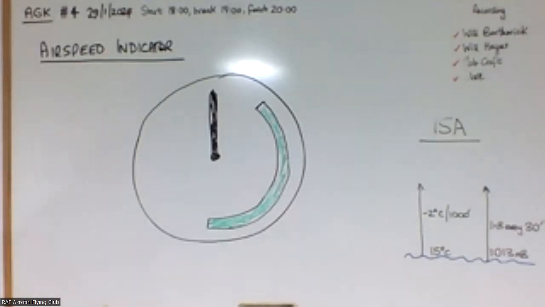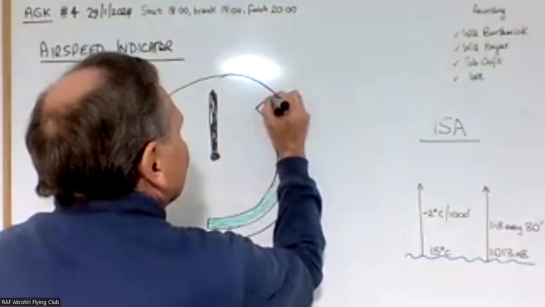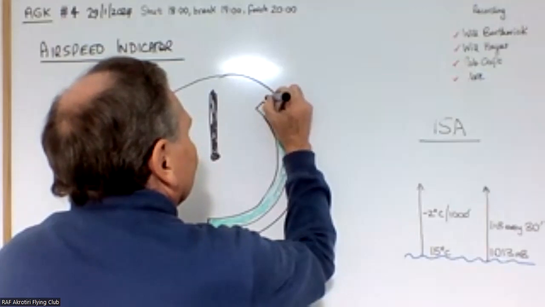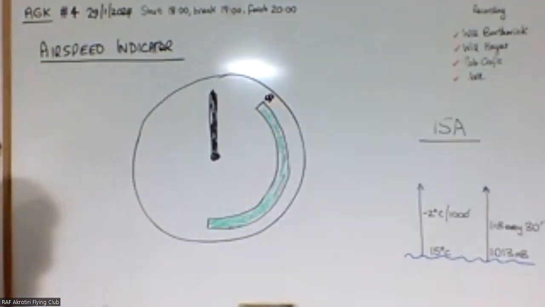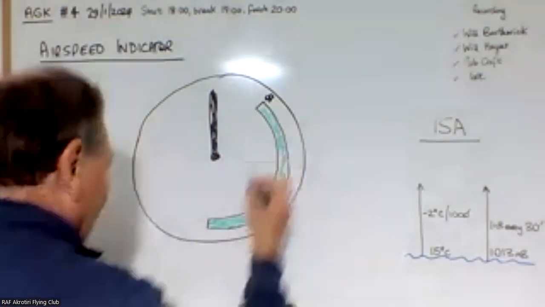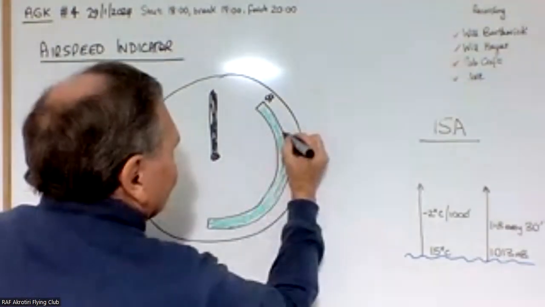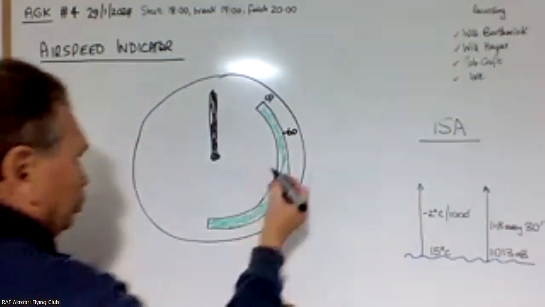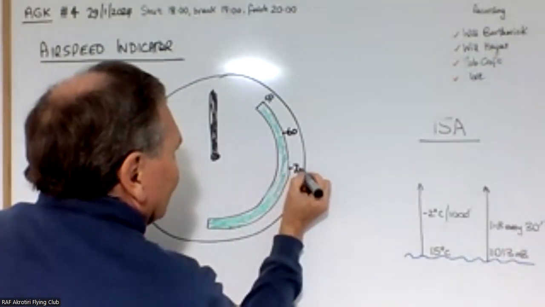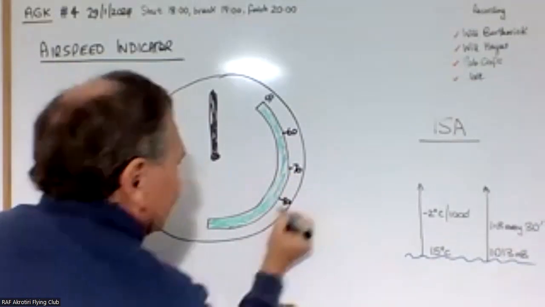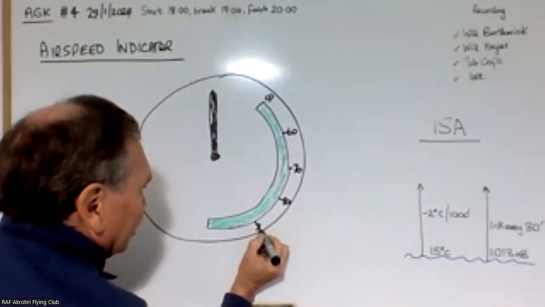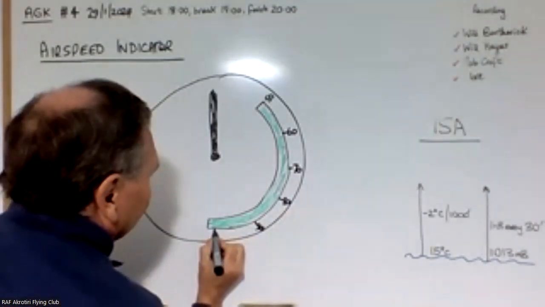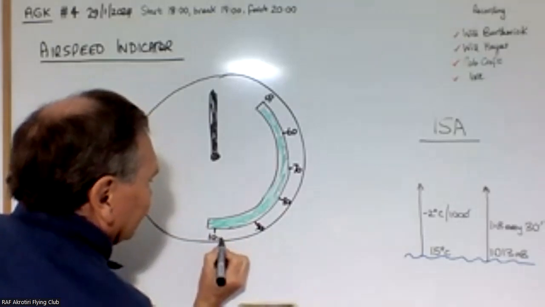It will typically start at about, let's say in a Cessna it will probably start at say 50, and it will go up, sort of like 60 here, 70, 80, 90, probably maybe 100 or something here.